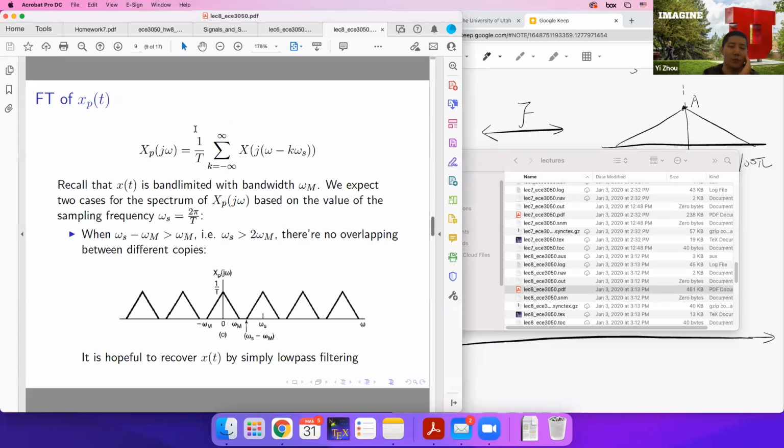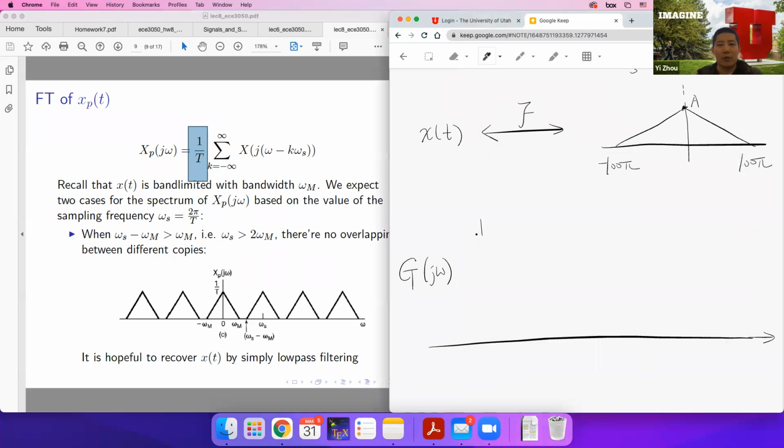Previously, when we sketched the sampled spectrum, we always ignored this coefficient. But here, we need to pay attention to that. So we just follow the standard process to plot all the copies of the spectrum, but now all of them will be scaled by 1 over T.